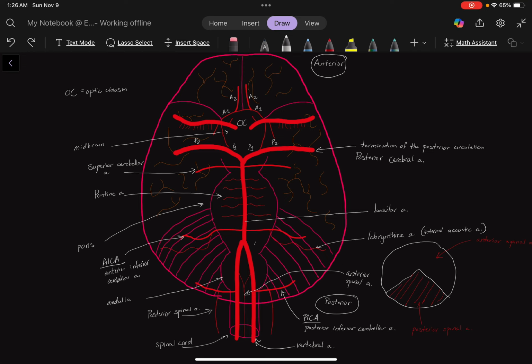And then, following this posterior cerebral artery, we got this artery right here, okay? That is the posterior communicating artery. And the way I think of it is that since this is the posterior cerebral artery, it's connected to the posterior cerebral artery, and it's communicating to the internal carotid artery here.